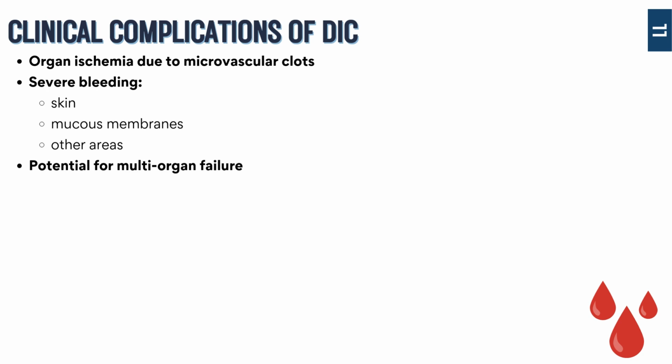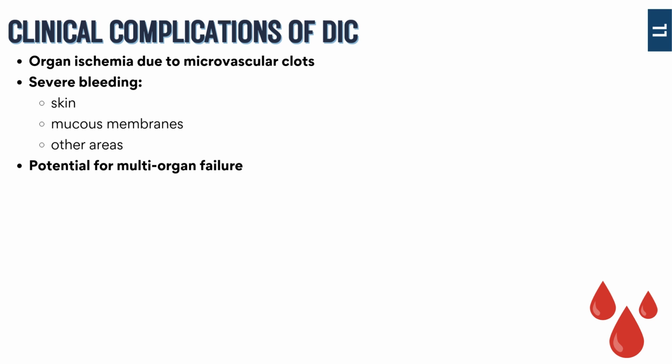Clinical complications of DIC are severe, okay? The microvascular clots can cause the ischemia that we already talked about, which is causing the deprivation of oxygen to different organs in your body, which can lead to the failure of that organ. At the same time, the patients are exhibiting bleeding in various areas. Most frequently it's in the skin, and you'll see petechiae, purpura, and stuff.